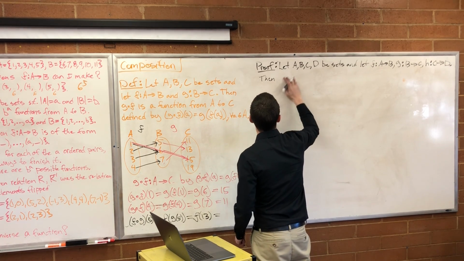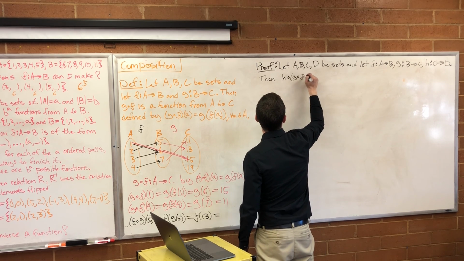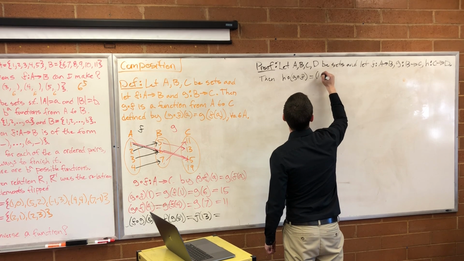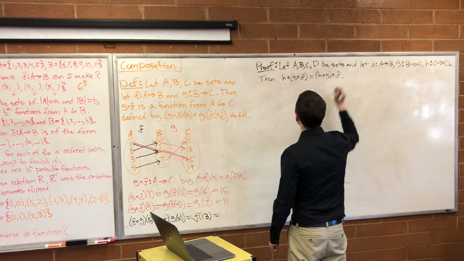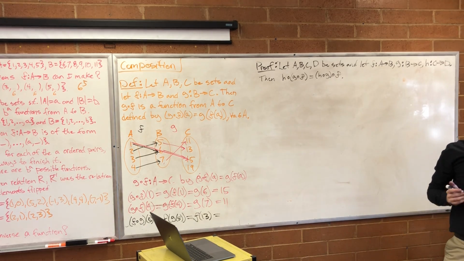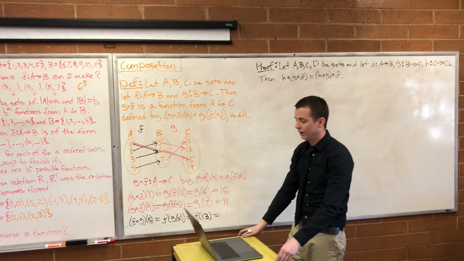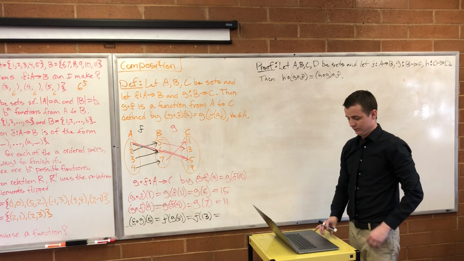We have to do that last one. h composed with g composed with f is equal to h composed with g composed with f. So we're proving that function composition is associative. You've already come across associative operators before, right?